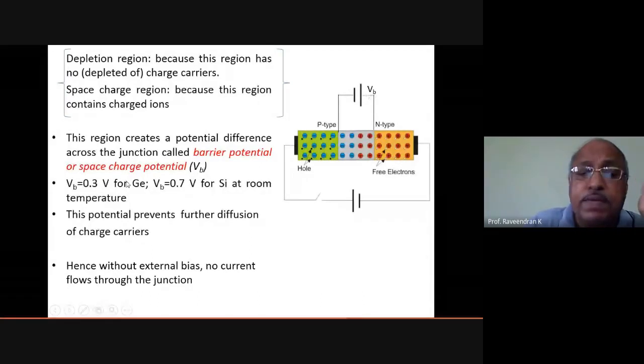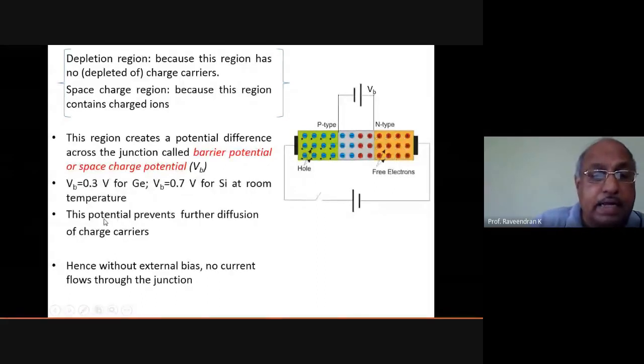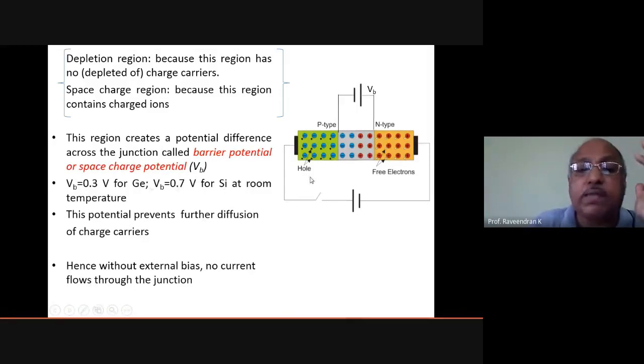And this VB, the space charge potential, will be 0.3 volt for a germanium type PN junction, and 0.7 volt for silicon type material. So P-type and N-type materials are joined together.